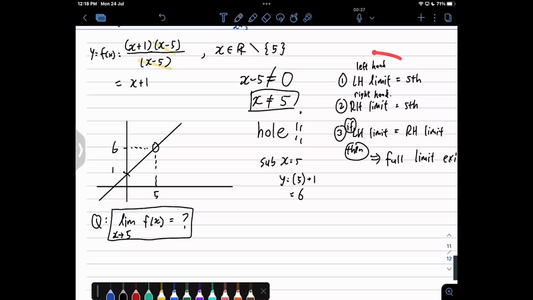So you must follow the 3-step procedure. First, you need to verify what your left-hand limit is. Step 1, left-hand limit. How do you write it? Lim f of x. Can you fill in for me? How do I get the left-hand limit? You write down on your own.